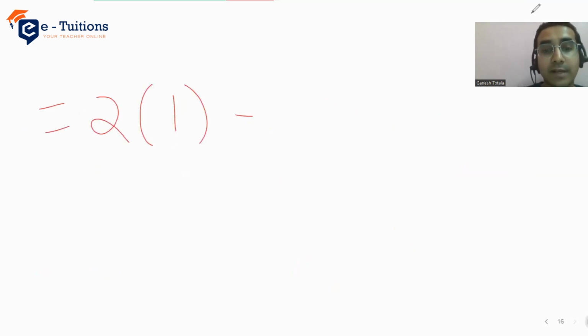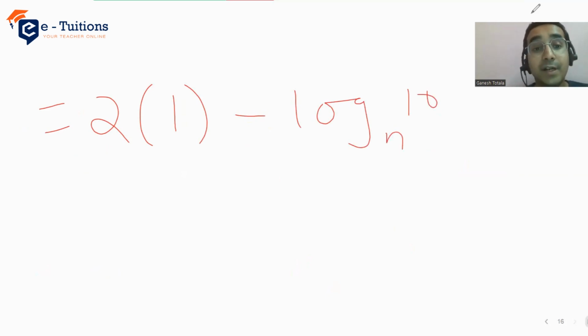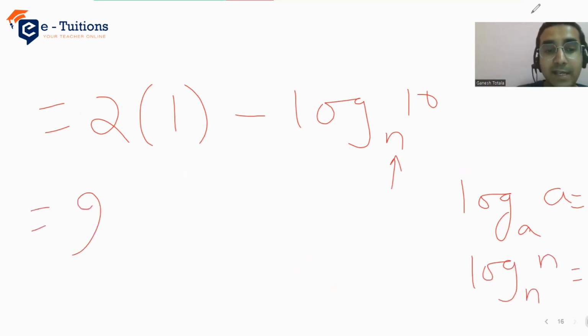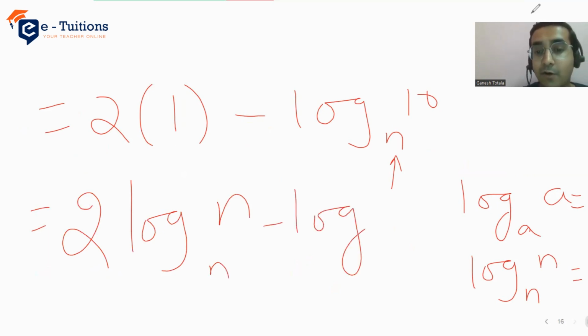So this constant quantity I can write as 2 into 1, minus log of 10 to the base n. Now here 1, I know that I can write as log of a to the base a. Here the given base is n. So I can write 1 as log of n to the base n over here. So this will be 2 log of n to the base n minus log of 10 to the base n.